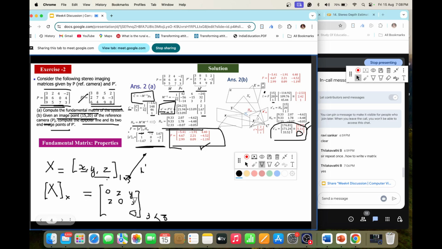In the third row we have put 0 for z, so we have x and y: y and x. Now think about sign. In the first row you put negative here. In the second row the sign is interchanged, so you put minus here. In the third row again you put the minus at the first position. That is how you convert your capital X to the skew symmetric matrix.